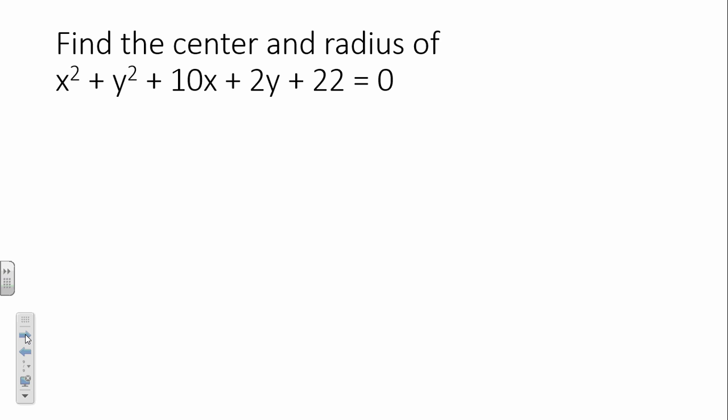And ask yourself, what's half your middle term for your x? And then square it, add it in to both sides of the equation. And find your half of your middle term for y. Square it and add it to both sides of the equation.